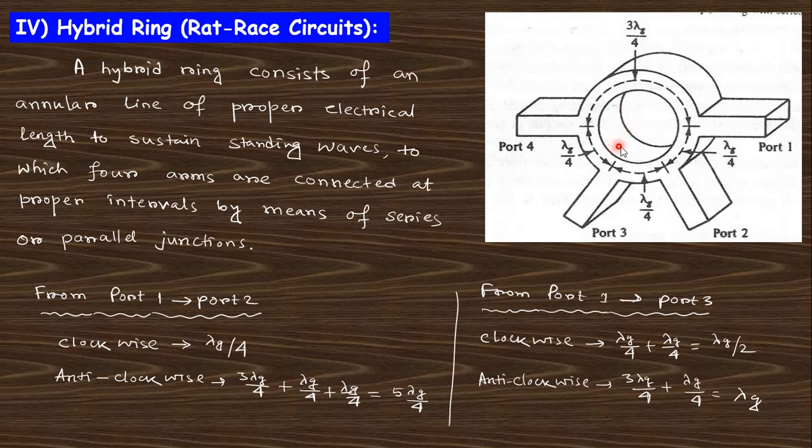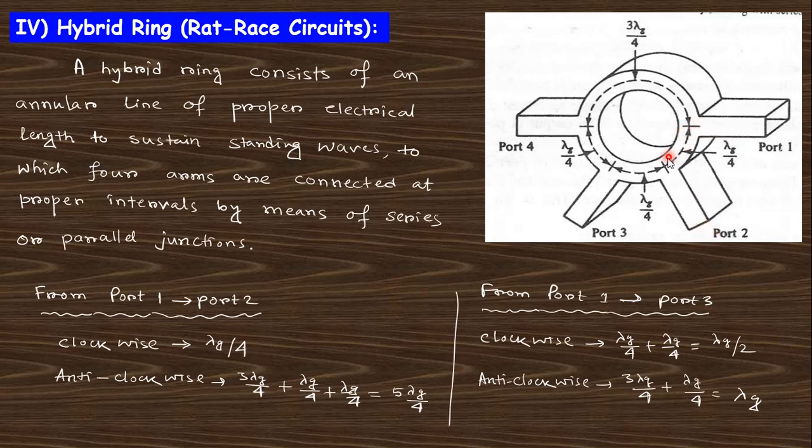If you want to find out the phase difference when a microwave is input from port 1, it goes into two paths, this path or this path. Now consider the path from 1 to 2, that means the wave enters from 1, and we want to discuss the portion of the microwave output from port 2.